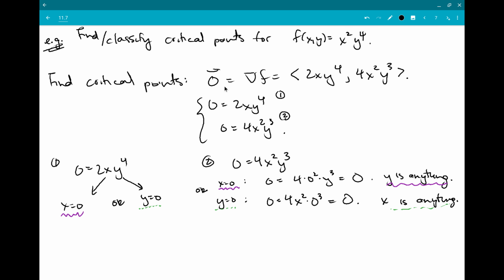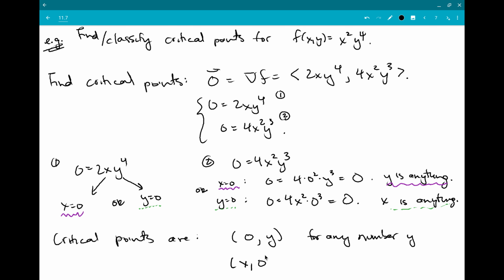And so when I try to solve these two equations for any critical points that make both equal to 0 at the same time, I'm going to find my possibilities are (0, y) for any random number y, or (x, 0) for any number x.